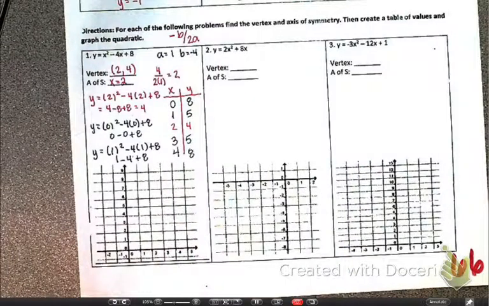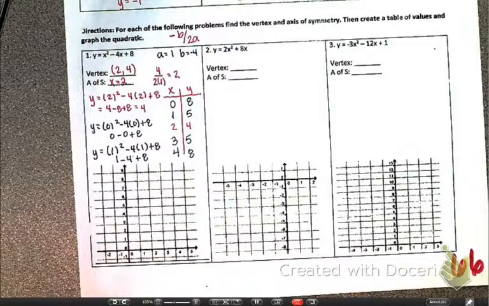Now before I plot those points, let's think about what this is going to look like. What is my orientation? Up, because A is positive, so it should face up. If it faces down, you did something wrong. What's the shape? No change. So it shouldn't be skinny and it shouldn't be wide. It should be a normal graph.